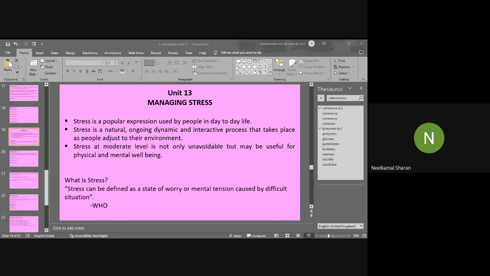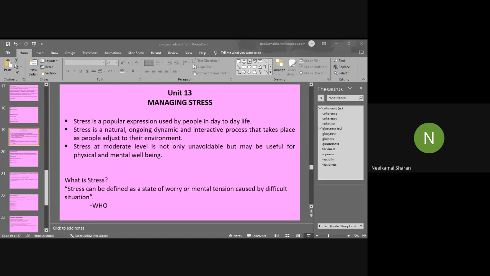So this is a difficult situation, isn't it? A difficult situation is created before you, that you have to complete this task today before going home. This difficult situation has created a state of worry or mental tension among you. So this is your stress, and you respond to this mental tension or difficult situation. While responding, it improves your alertness, isn't it?